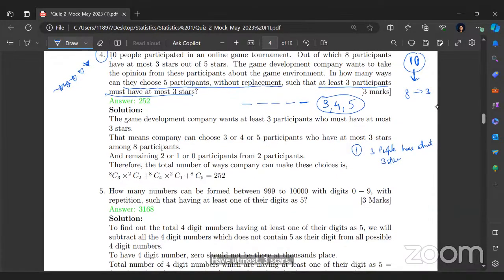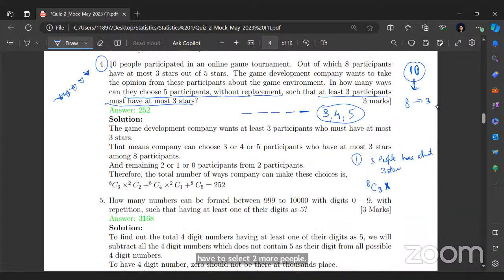If that's the case, then you have to choose 3 people, so 8 choose 3, and in total you are selecting, oh sorry, 5 people. So you still have to select 2 more people. Sorry, I said this is redundant, right? Oh, okay.